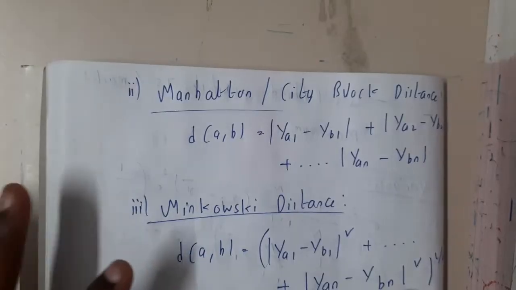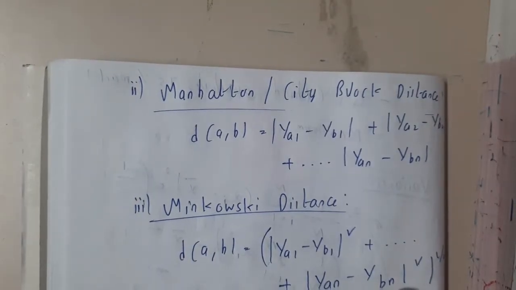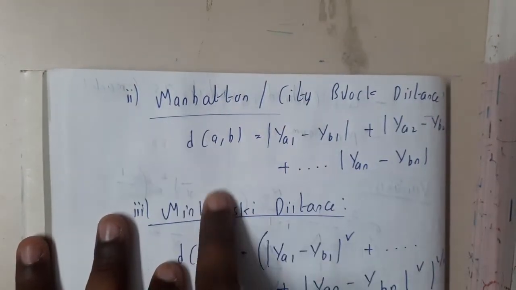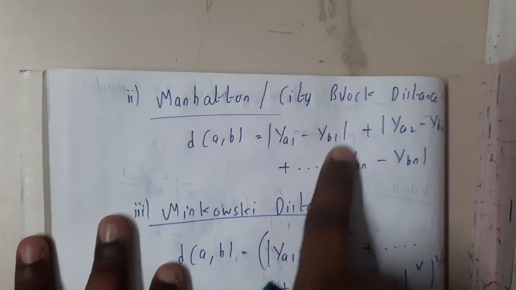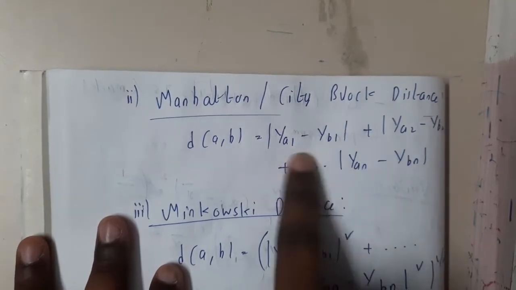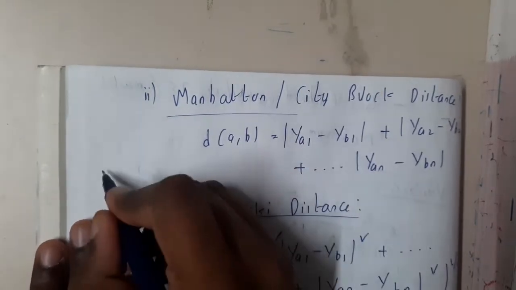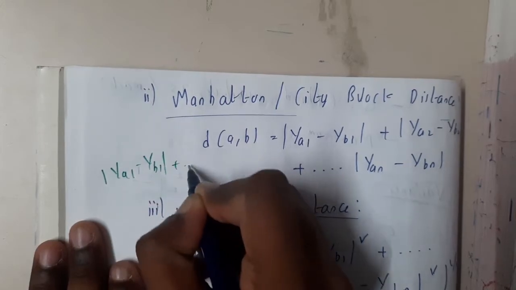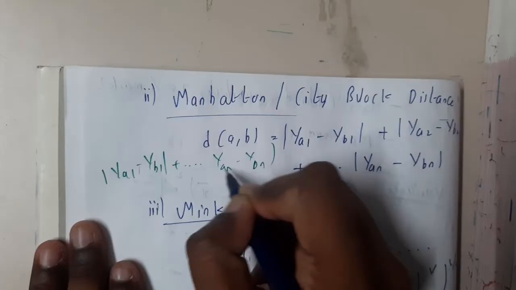These all use the same formula, but the appearance changes, guys. That's it. So city block distance, this is the formula, guys. Distance is equal to mod of ya1 minus yb1, plus, and so on, just absolute values. So here there is no square and no square root, and this is not the normal bracket. We are doing only ya1 minus yb1 plus, and so on up to yan minus ybn, in mod.